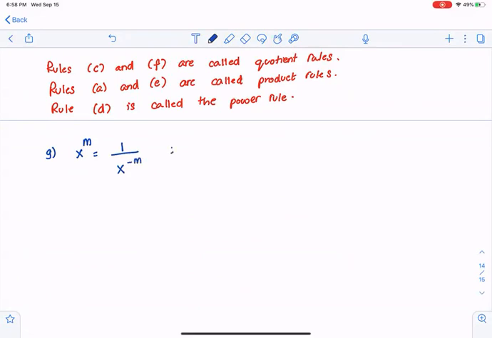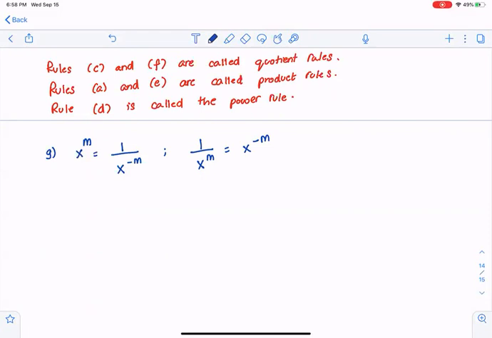Likewise, if I have 1 over x raised to negative m, it is the same as saying x raised to m. If I have 1 over x raised to m, I will have x raised to negative m.